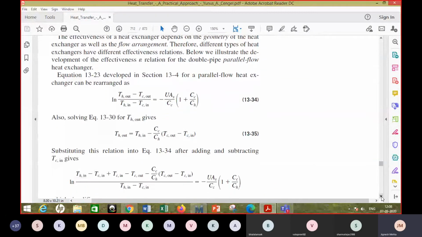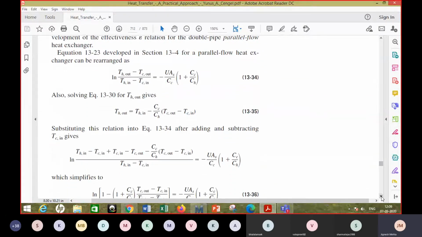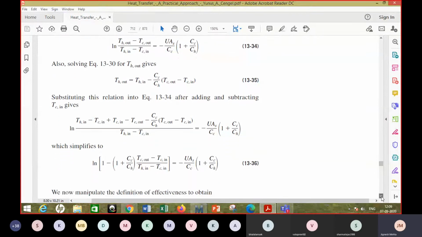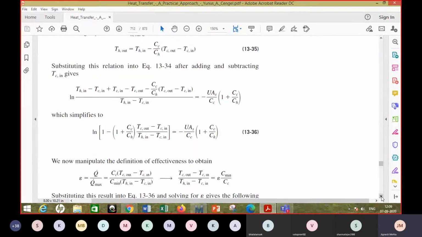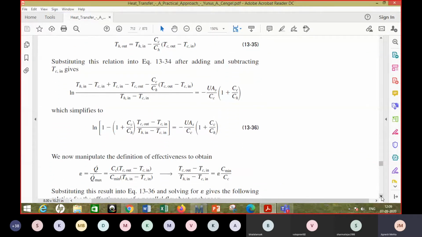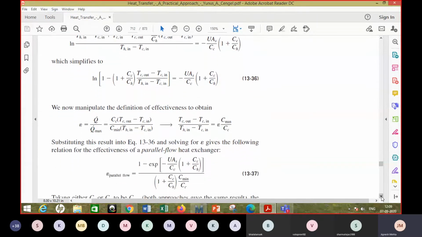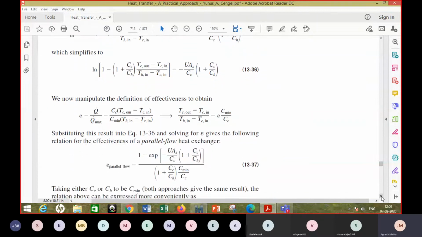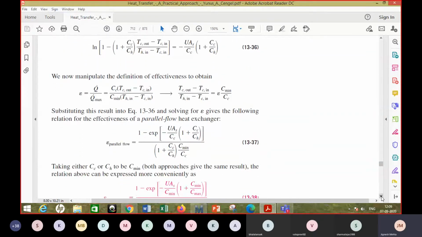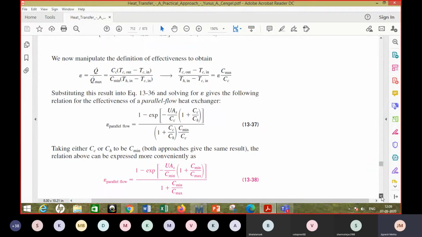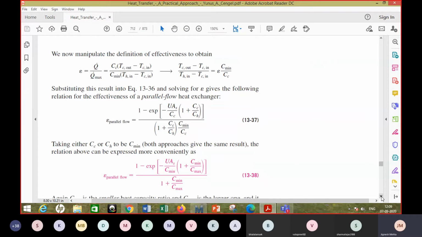So you can express the equation for effectiveness in terms of CR, where CR is C minimum upon C maximum, and NTU. And such relationships can be found for all different types of heat exchangers.